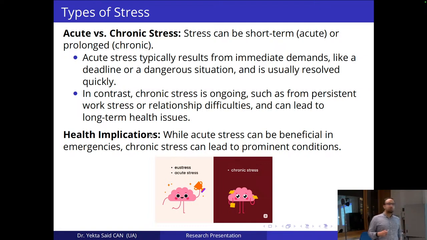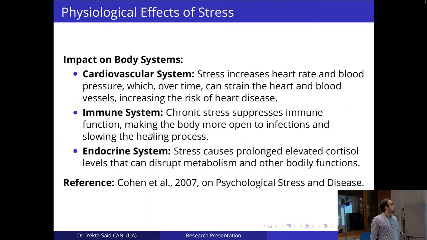Acute stress can be beneficial and helpful in emergencies, deadlines, or dangerous situations. But chronic stress can lead to serious conditions. It has a negative impact on body systems. For example, it increases heart rate and blood pressure.